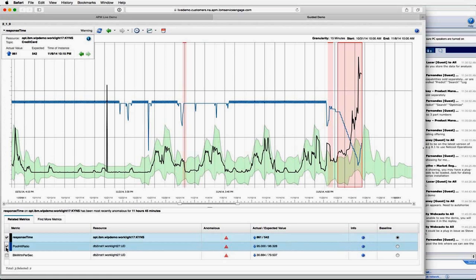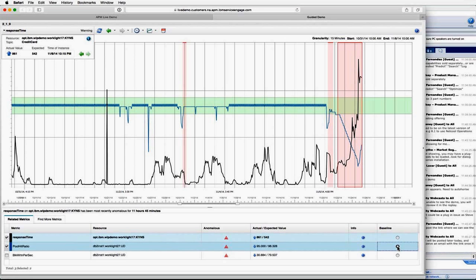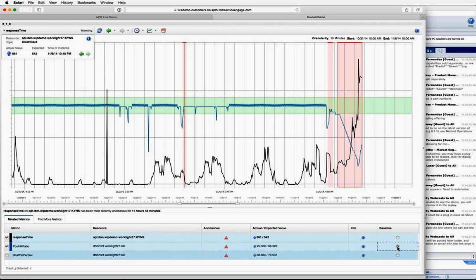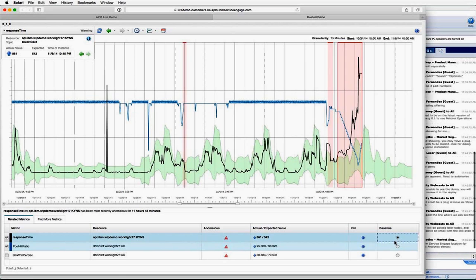So we can bring that particular metric up onto the graph on the screen at the same time. And if we want, we can switch and look at the baseline of that particular metric. As you can see, it has a different observed baseline, but you can also see that the bands where the anomalies are are in the same place. Let's go back to response time, our original metric here.